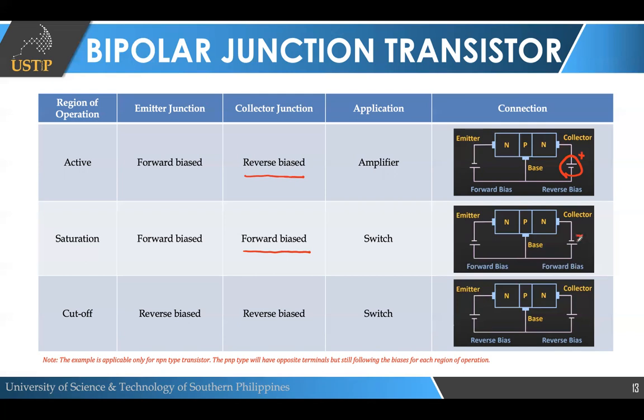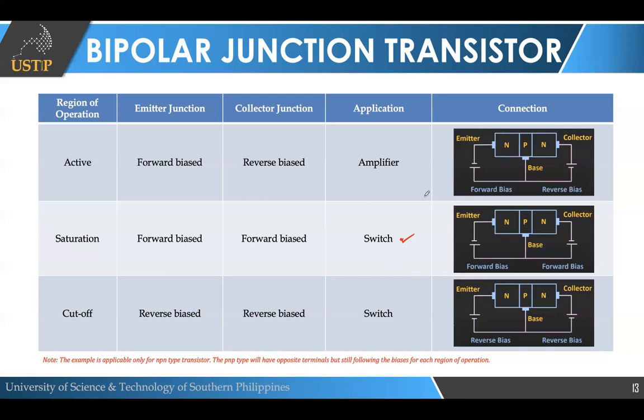Negative ang sa taas, so that this junction, collector junction, will be forward biased. Right? Because this is your N and this is negative. So naka-forward bias na ang collector junction. And ang application niya is again, it will serve as a switch nga naka-fully on or fully closed ang imong circuit, right?